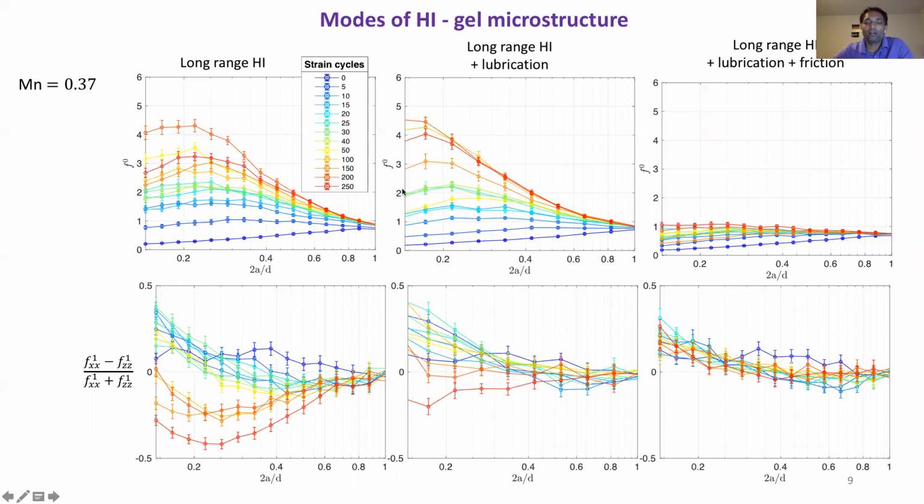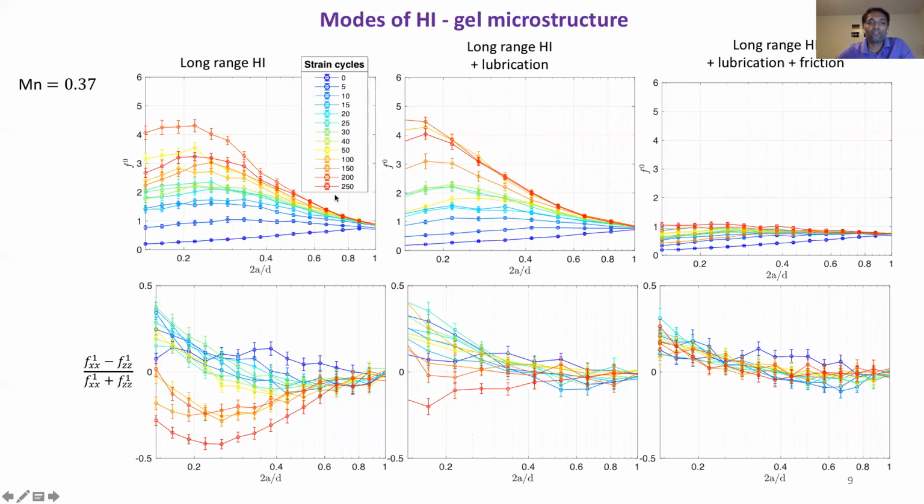Here are the plots of number density fluctuations and anisotropy factor evolving over 250 strain cycles for the gels produced with the three modules. Notice that the x-axis is 1 over length scale. In the long-range hydrodynamic case, the gel starts with small number density fluctuations over all length scales, indicating uniform material, and the fluctuations increase at large length scales as time progresses, finally forming larger clusters.